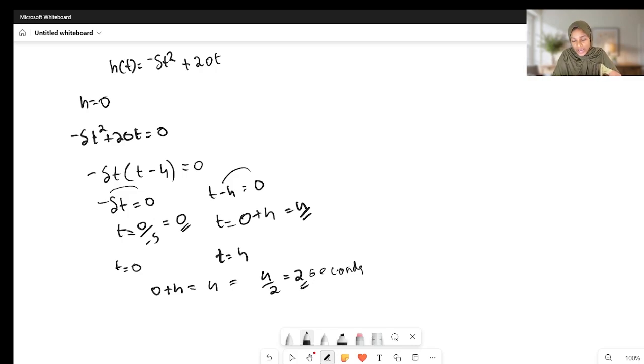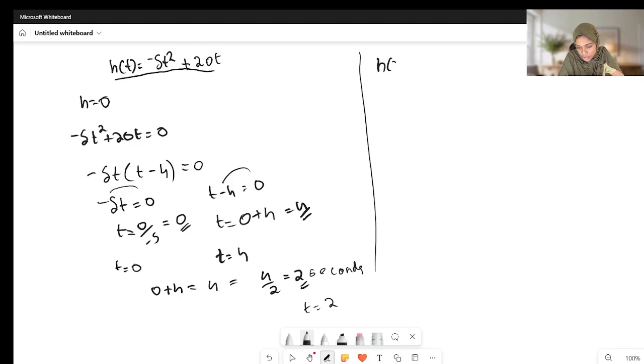Now we need to find the maximum height. Before, we found in how much time it will reach its maximum height. Now we need to find its maximum height, and for that, we just need to substitute. Here we got that t is equal to 2, so we need to substitute this 2 into this equation right here.